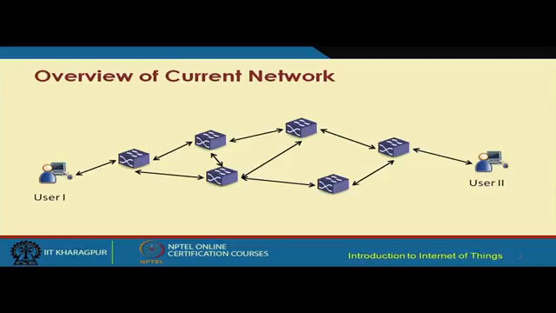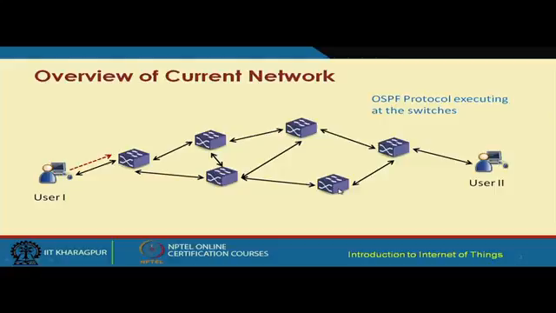So, what we have is a scenario like this, and let us say that for switching or routing, the protocol that is used is the OSPF protocol. Every switch over here is going to implement OSPF.